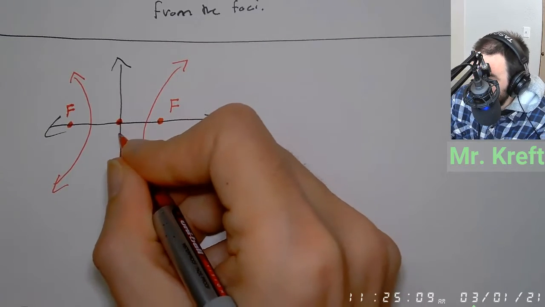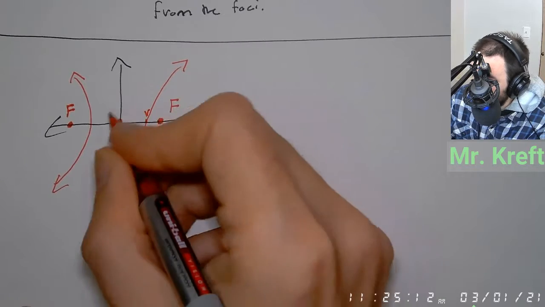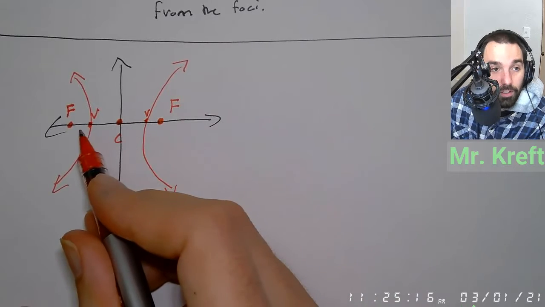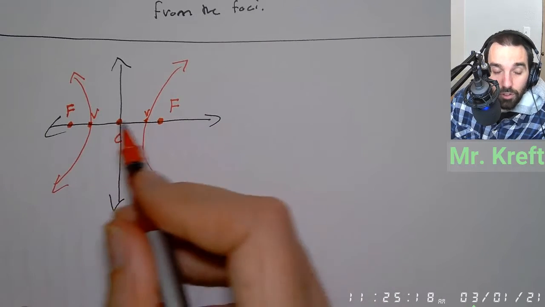Now that means my center is in the middle, and my vertices are right here. I have two vertices, and so my major axis is going to be left to right.